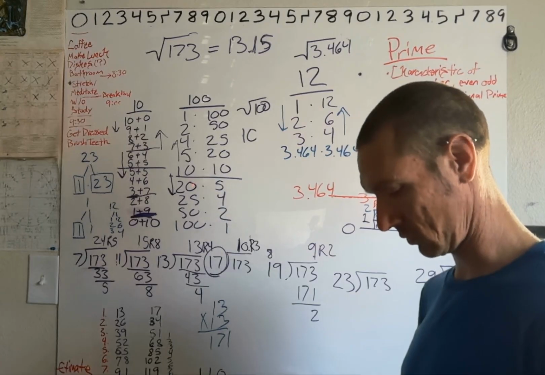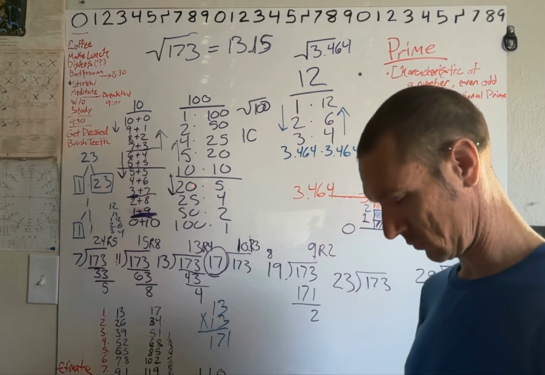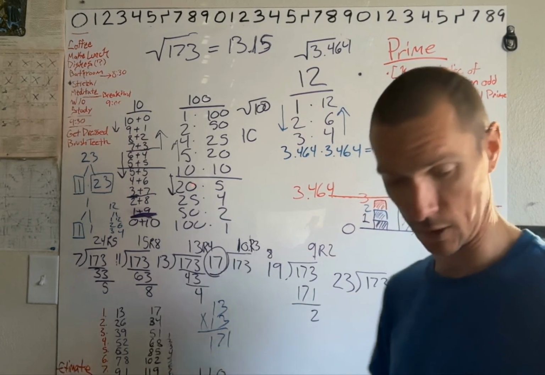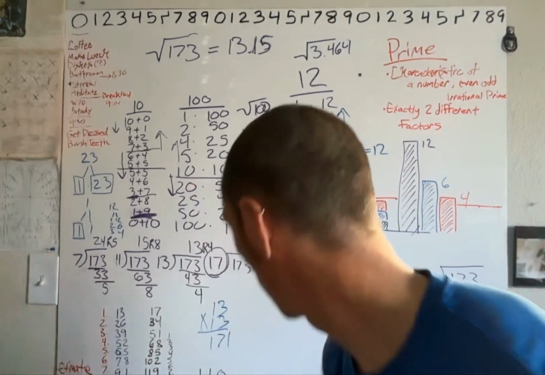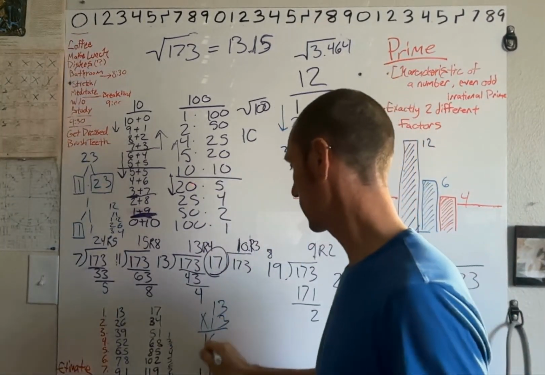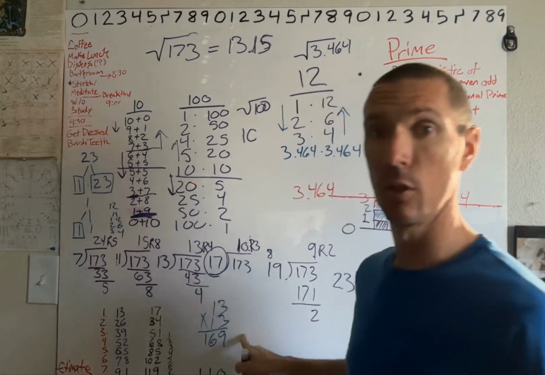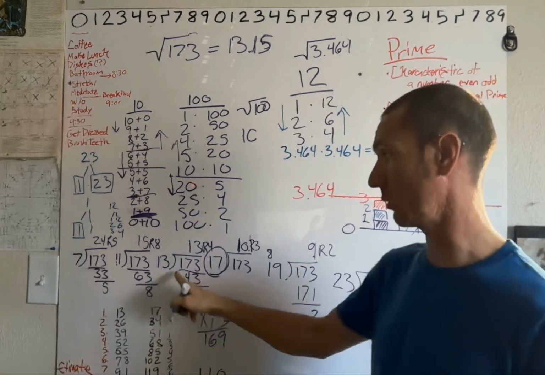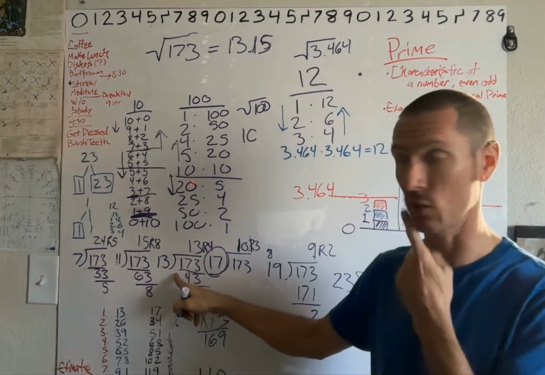Maybe 169. Yep, I was right. 13 times 13 is 169, which is still smaller than 173.